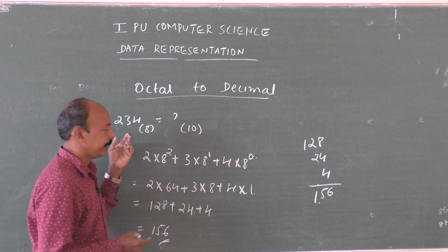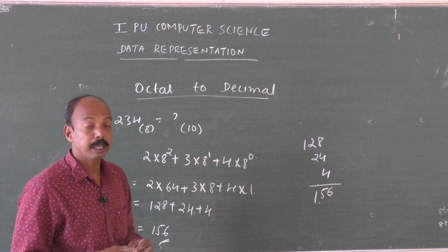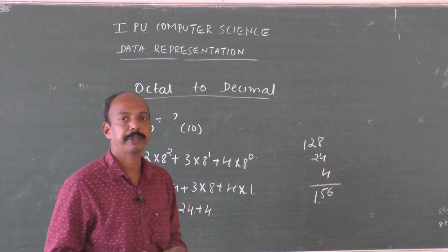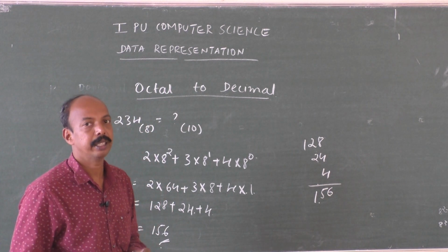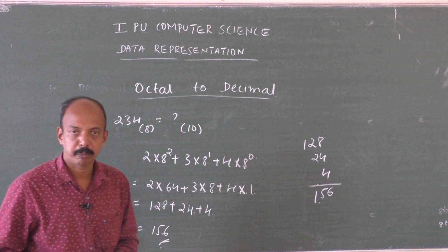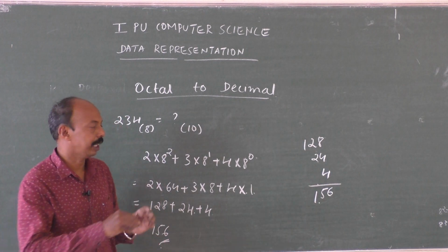It's easy when we have the integer values. Suppose we have the fractions, just like we had in binary, then again it becomes 8 to the power minus 1, 8 to the power minus 2, etc. on the other side of the fraction.